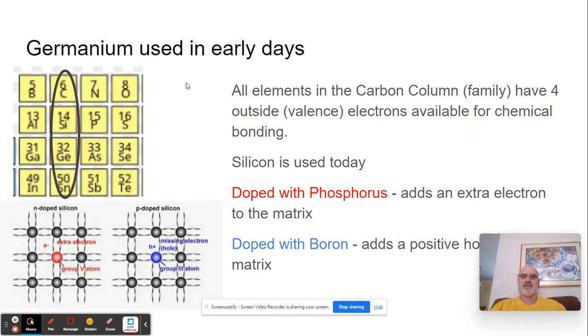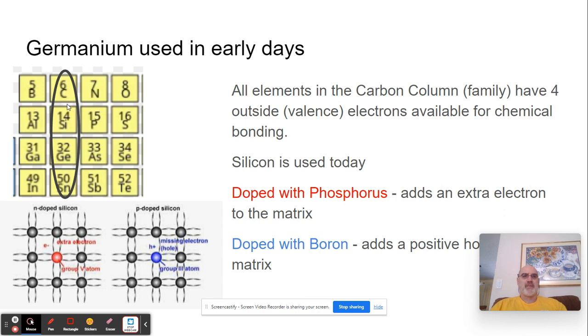Basically, they started with germanium, and what is used for transistors are basically elements in the carbon family. The carbon family in the periodic table, those elements all have a place for four chemical bonds because of where they're at in the periodic table.